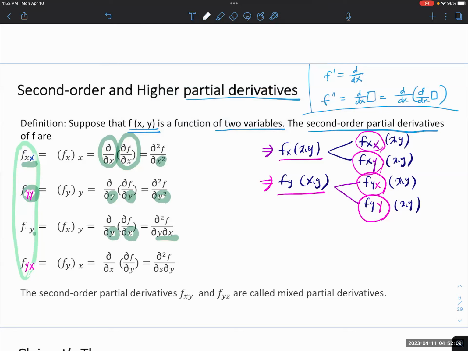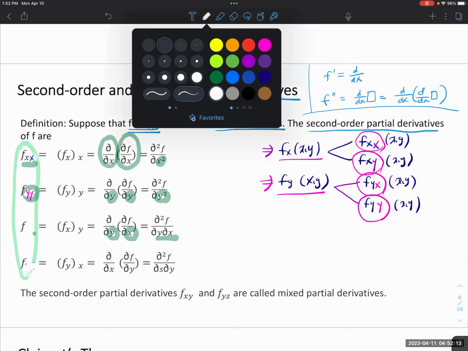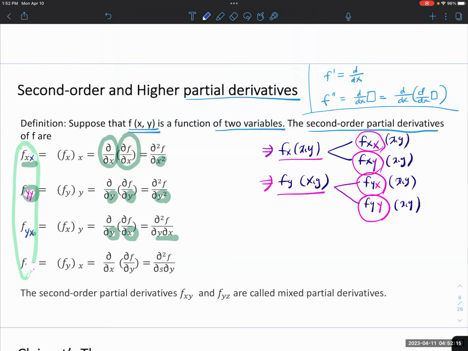So this one should be yx, and this one should be xy. You took y first and x later. But anyway, you will see the difference later. So basically we have 4 different cases: xx, yy, yx, xy. And then I will show you each case.